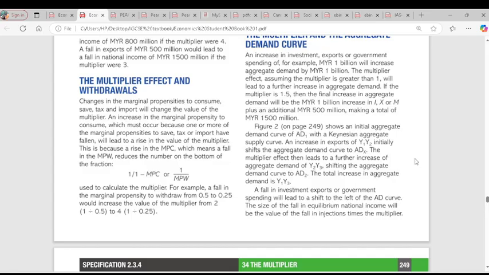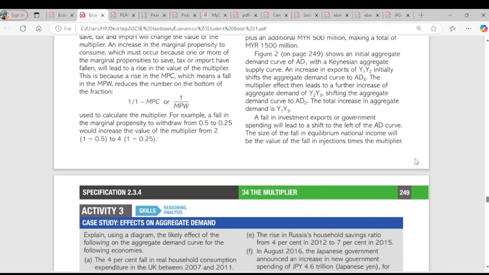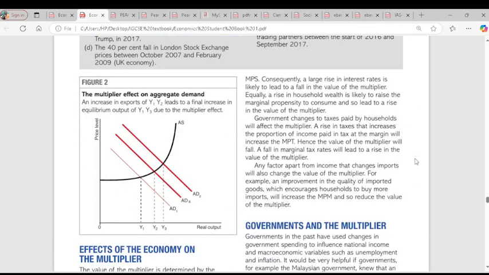But in between them, there will be aggregate demand for export. Get the point here? Look at the graph, please. Let me explain the graph to you. An increase in exports will increase aggregate demand. If aggregate demand is increasing, it will increase from 0Y1 to 0Y2.